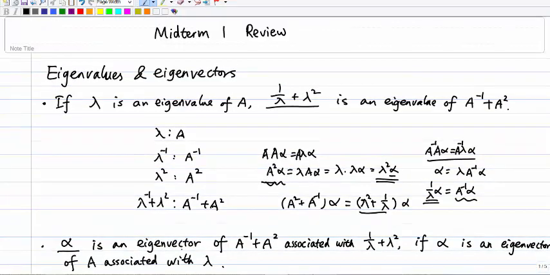If alpha is an eigenvector of A associated with eigenvalue lambda, the same eigenvector is an eigenvector of A inverse plus A squared, which we already showed right here. Which means if we do A squared, even A cubed, you can follow the same property.